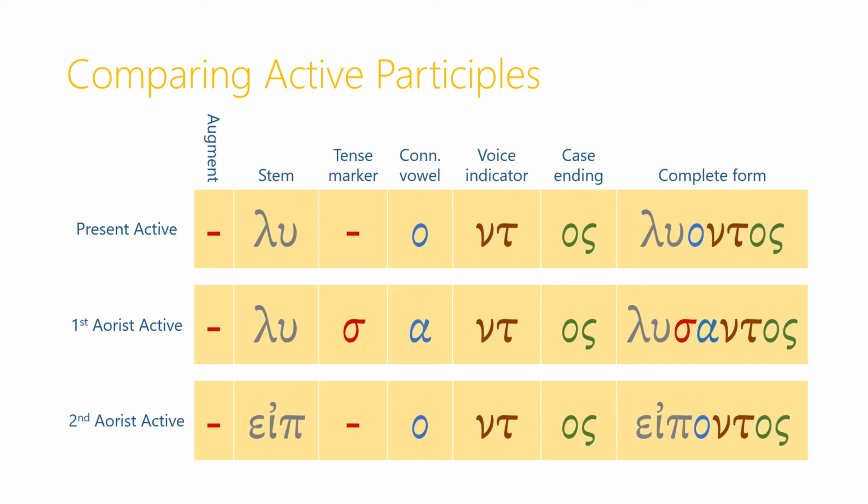The only two differences were that now we have a sigma tense marker and an alpha connecting vowel in place of the omicron connecting vowel of the second aorist. And you can see here again how much the present active participle resembles the second aorist active participle. The only difference being the stem that's used, the present stem instead of the second aorist stem.